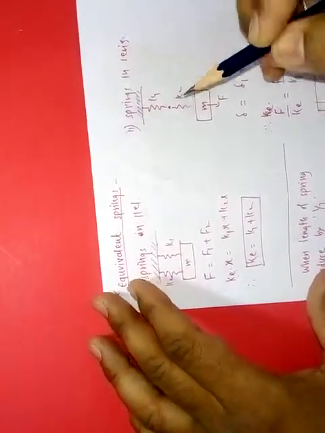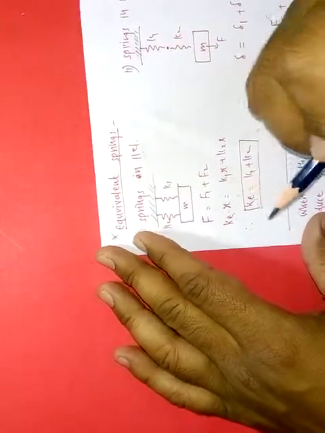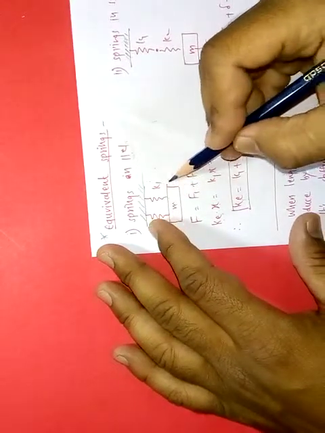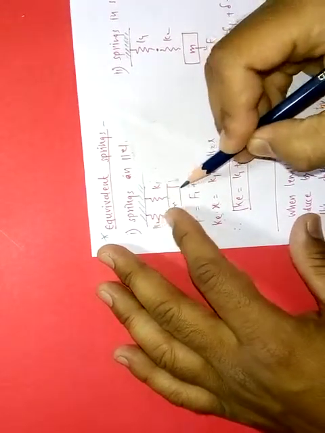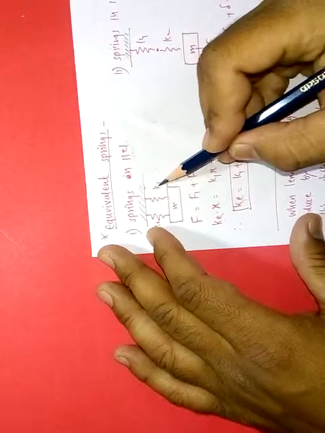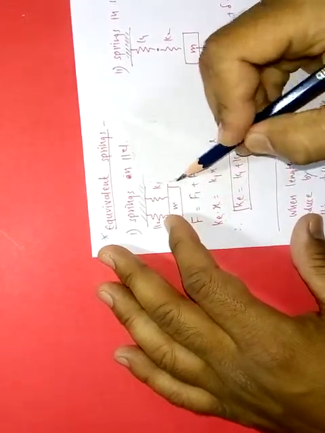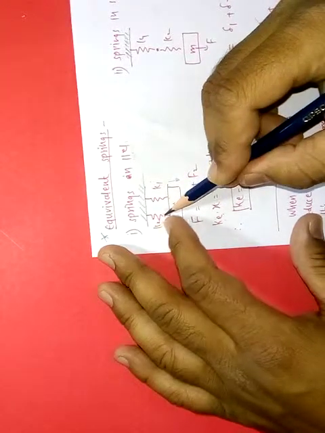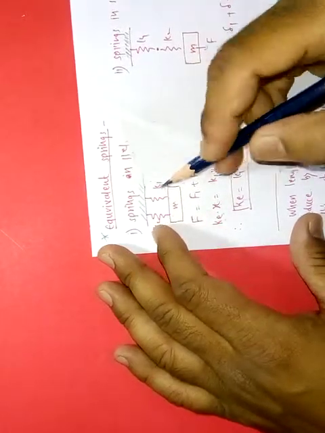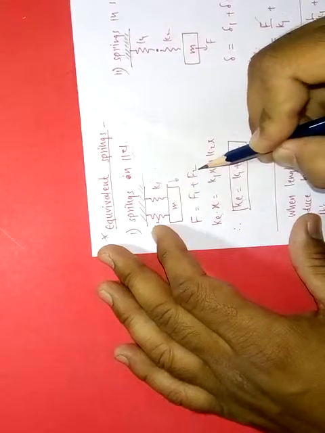Now, when we apply force on the parallel system, the total force is the sum of forces acting on this spring and this spring. So F is equal to F1 plus F2 here.